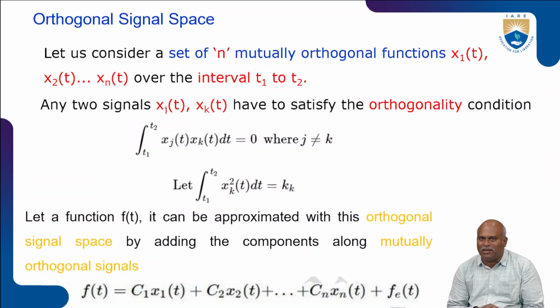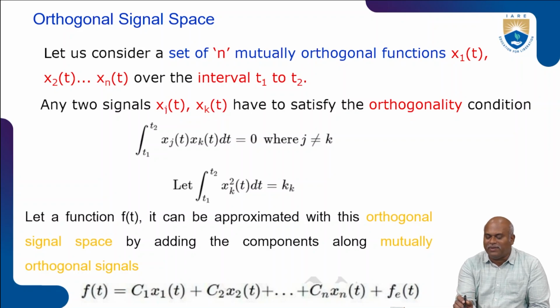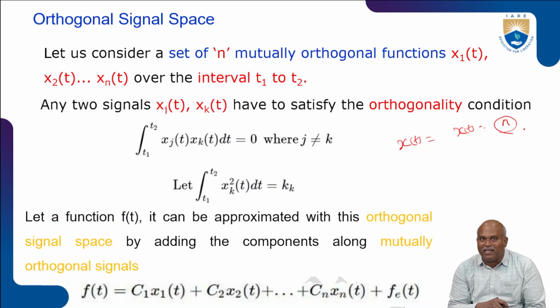We may participate together in xn. Then what is going to happen? Now x of t consists of n number of signals. That is, x of t is split up to n, which means all the n signals we consider under the orthogonal condition.